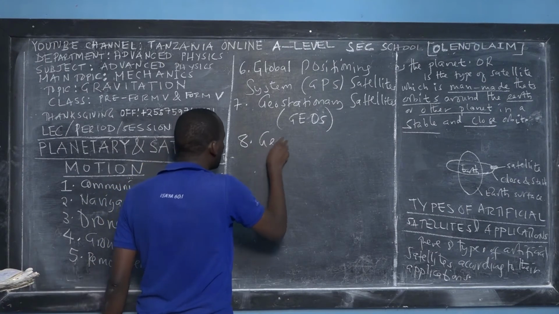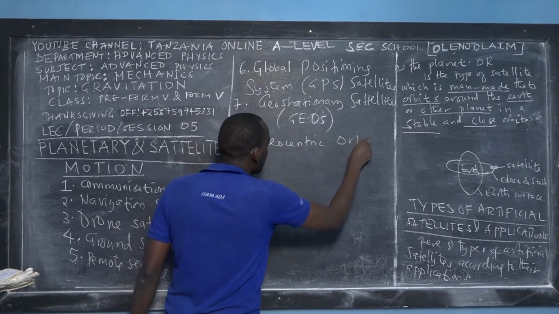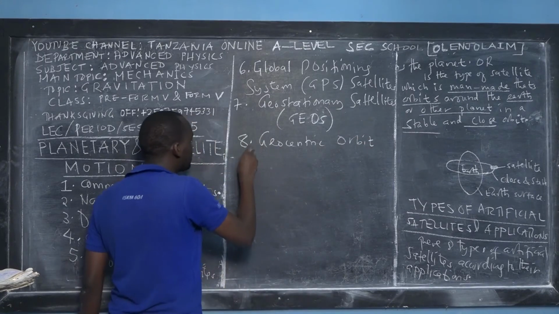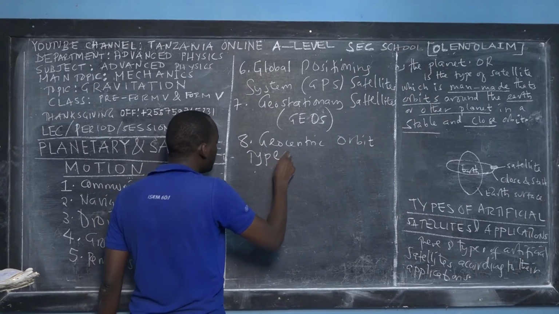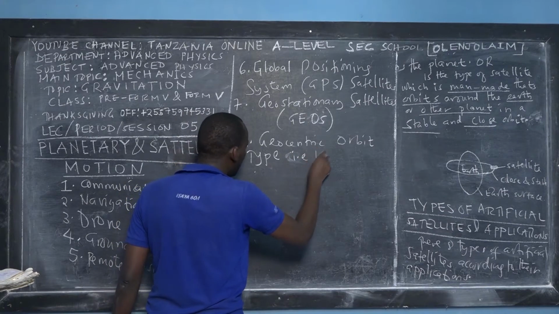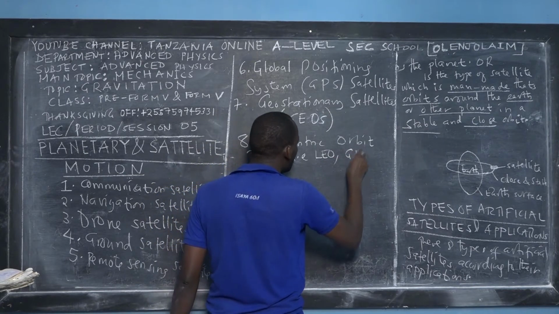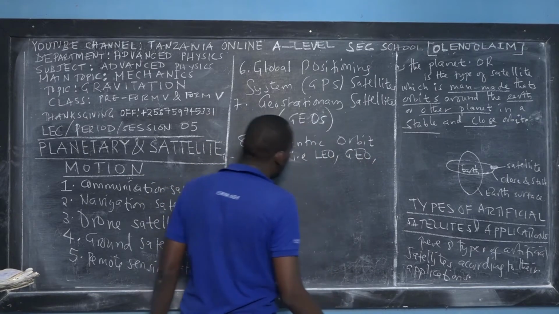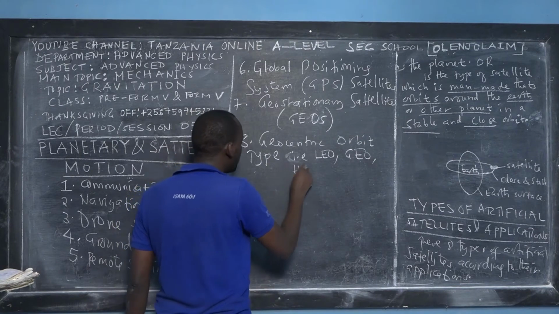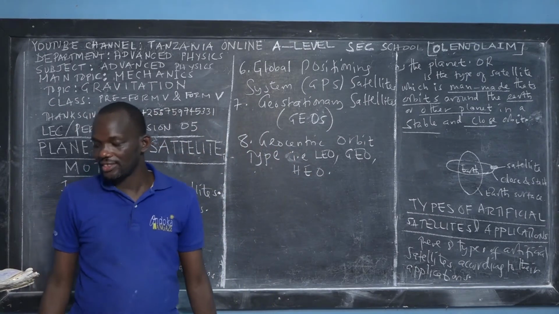That is to say that we have LEO, we have GEO, we have HEO. All of them are geocentric satellites.